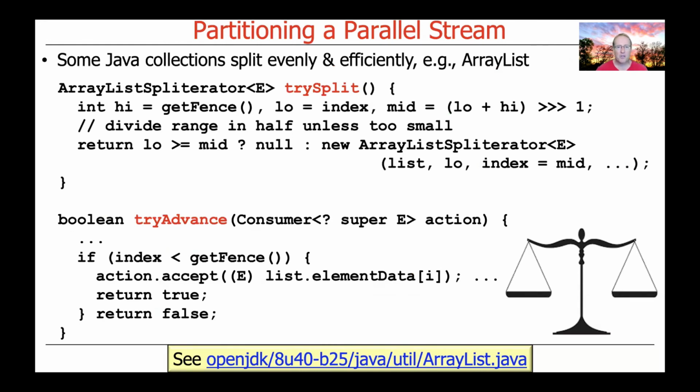Here are a couple of examples of Java collections to compare and contrast how splitterators work in practice. Sometimes Java splitterators work very nicely to split evenly and efficiently. The Arraylist Splitterator is a good example of that. It is very similar to your unsynchronized array splitterator. As you can see here, we have try split and try advance.